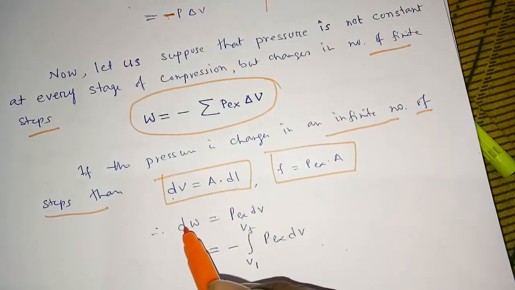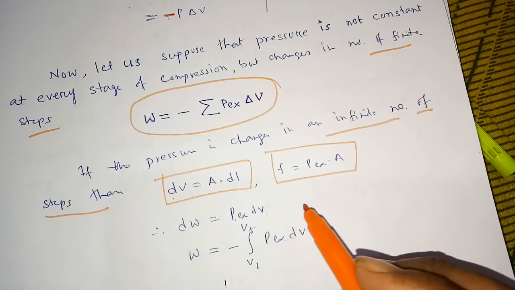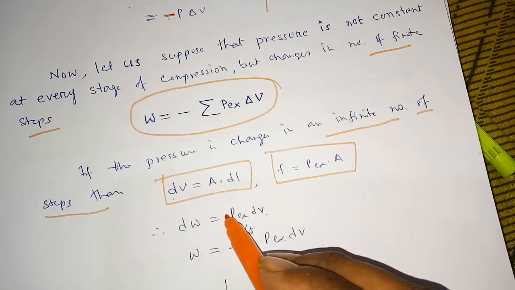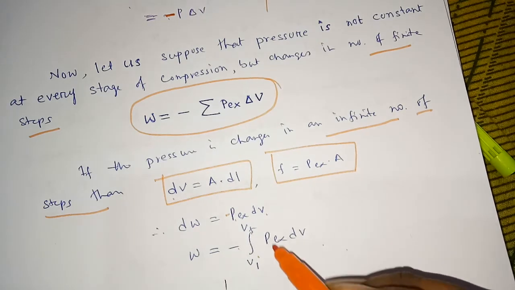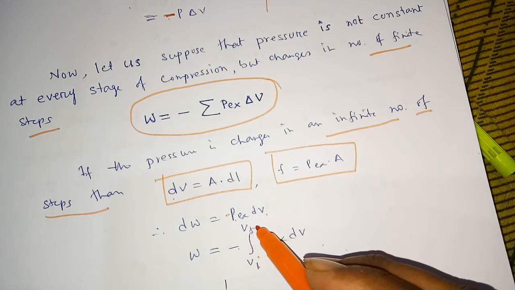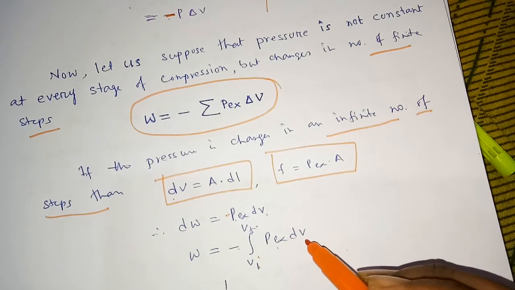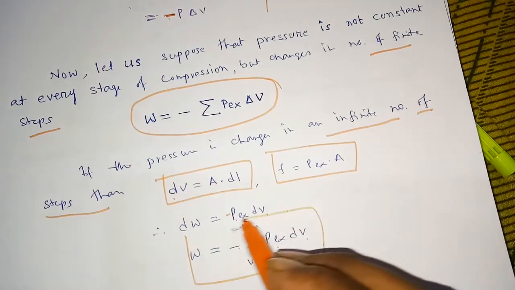So work done equals minus P external into dV. Work equals minus the integral from V initial to V final of P external dV. So this formula also we need to remember for the work.